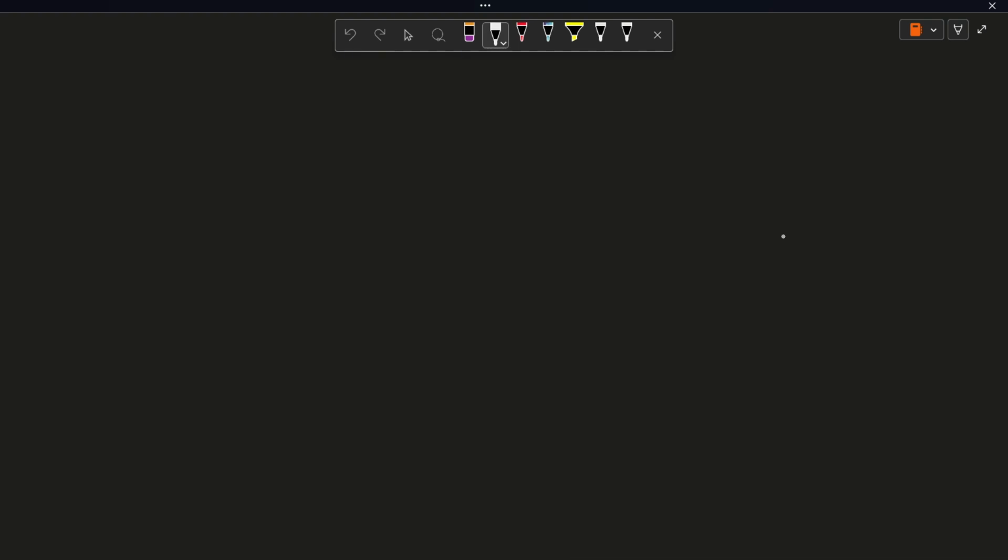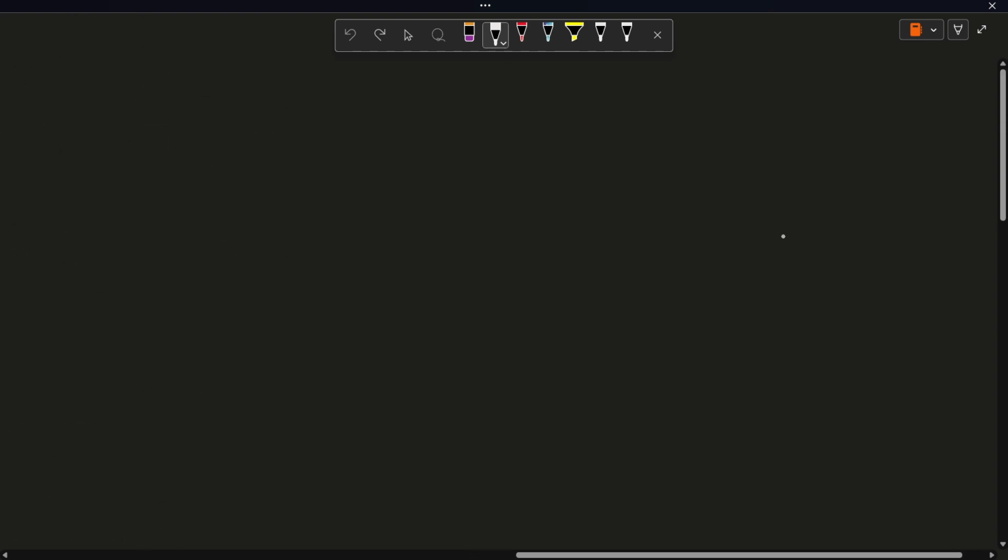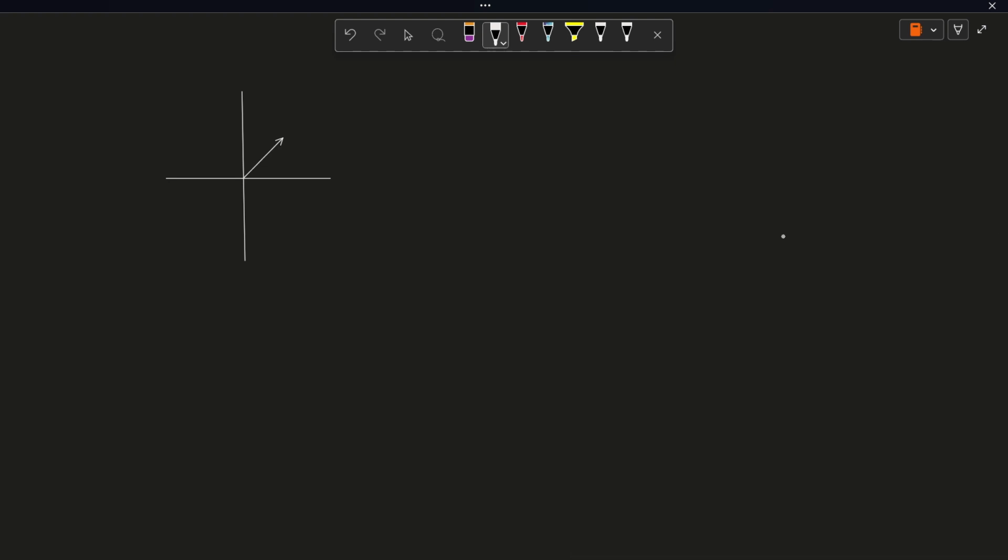So in mechanics we have scalars and vectors. You don't even need to know this, you already do. Scalars, vectors, magnitude. If you had a graph with an arrow, you use Pythagoras to calculate the magnitude, which is the same as just doing the modulus.